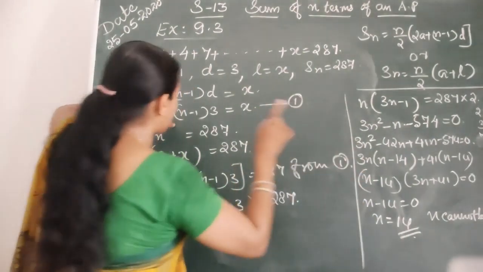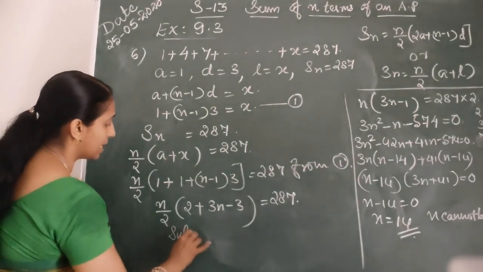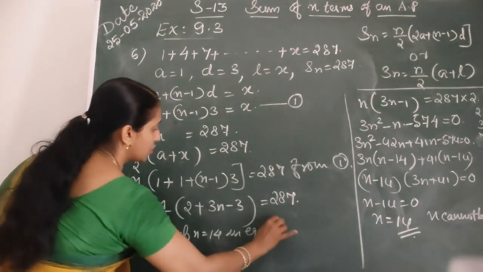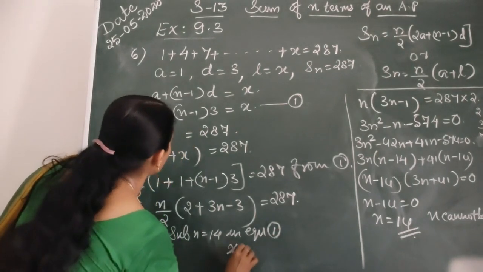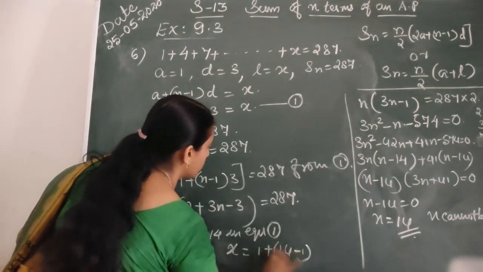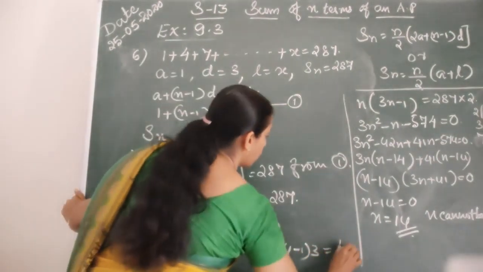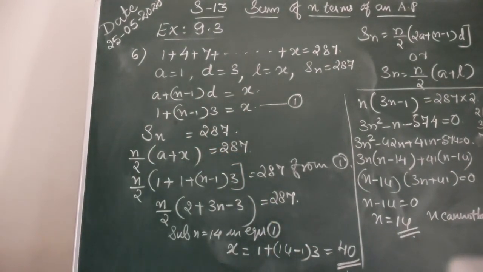Substituting n equal to 14 in equation 1, you will get x equal to 1 plus (14 minus 1) into 3. 13 3s are 39, 39 plus 1 is 40. So you are getting the value of x as 40.